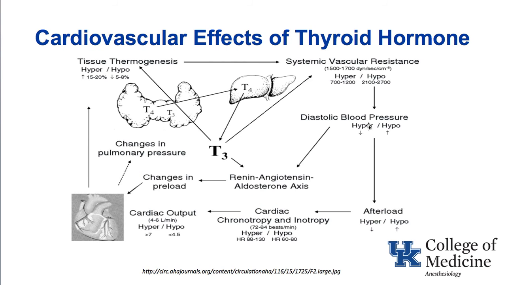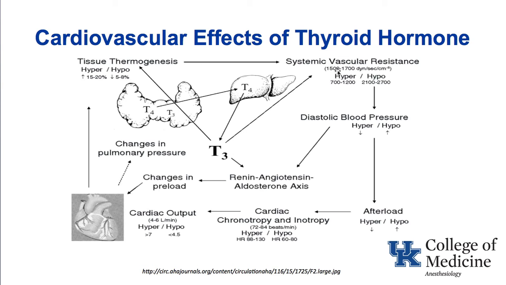Let's look at the cardiovascular effects of thyroid hormone in more detail. Starting up at the top left, you can see that with hyperthyroidism, and we'll follow hyperthyroidism through this graphically first, there is increased thermogenesis, increased metabolism. There is a decrease in systemic vascular resistance.